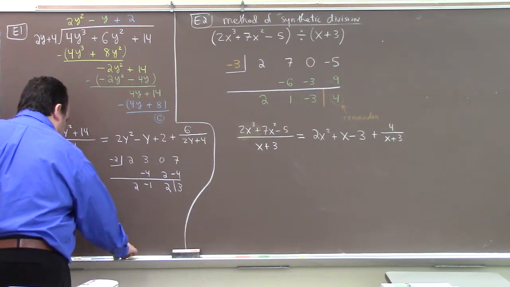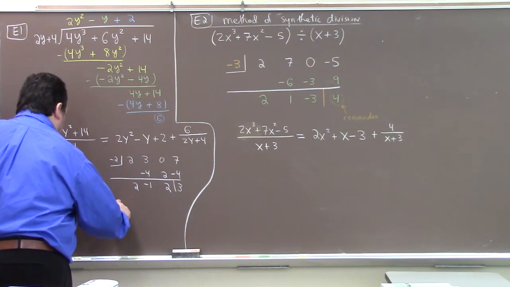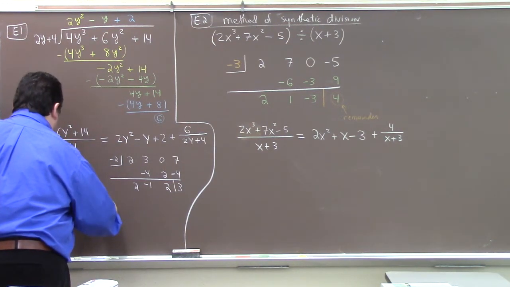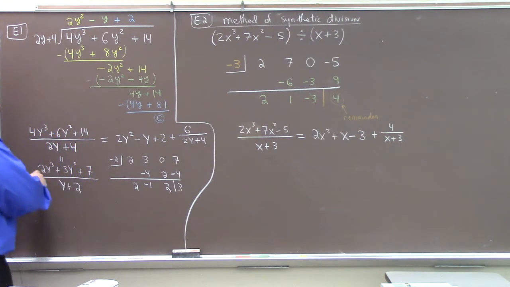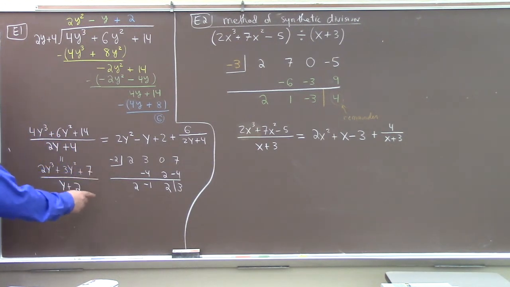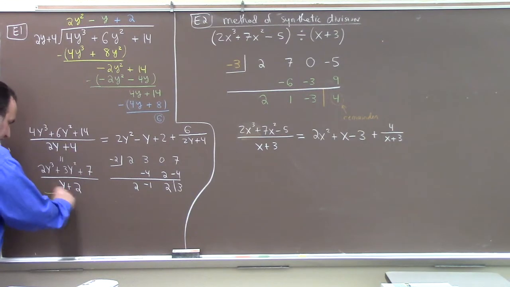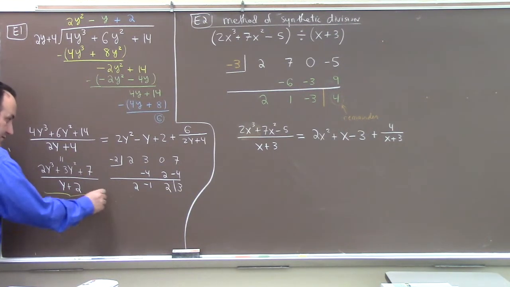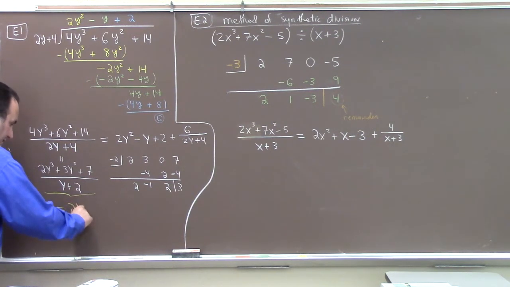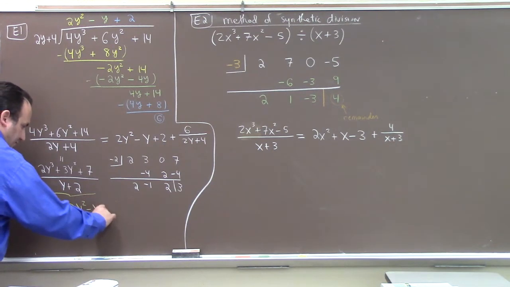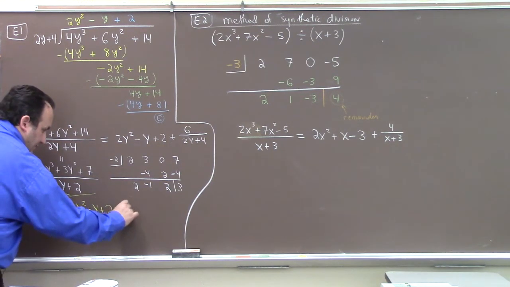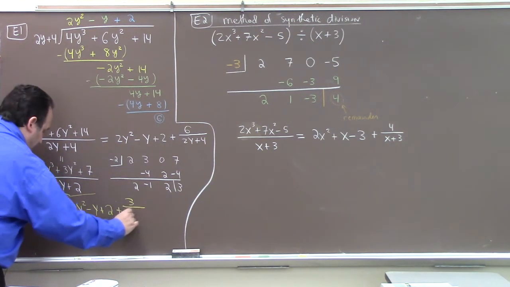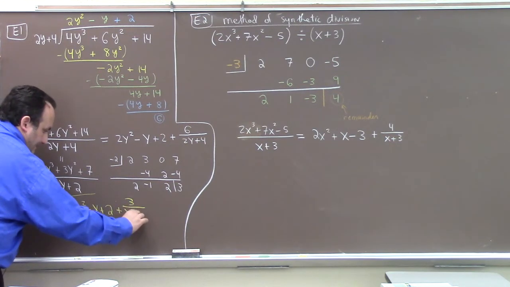Look, so we get 2. So this gives us that 2y cubed plus 3y squared plus 7 over y plus 2 is equal to 2y squared minus y plus 2 plus 3 divided by y plus 2.